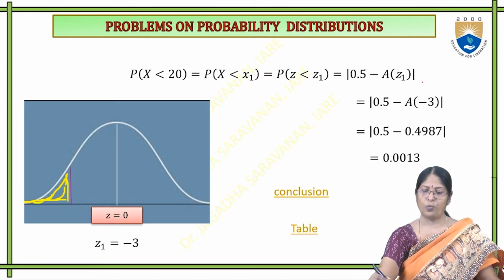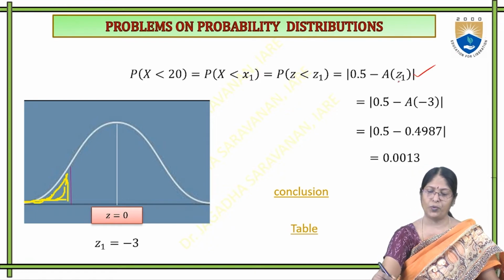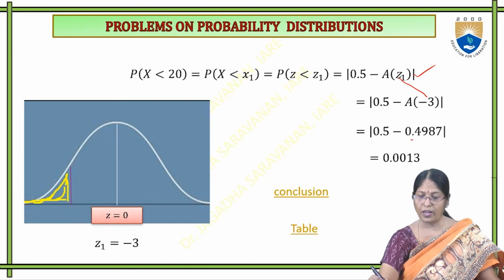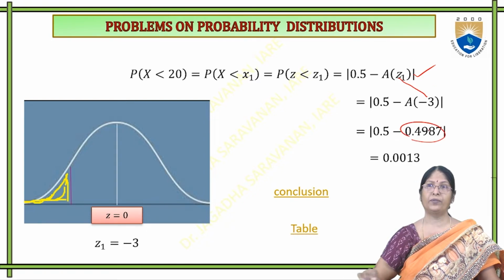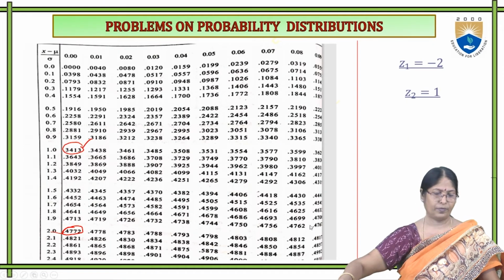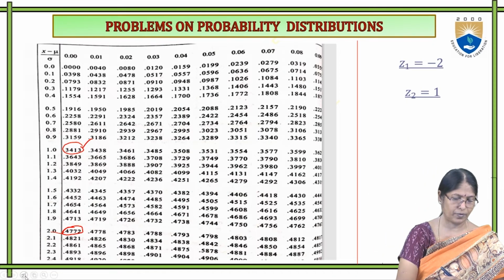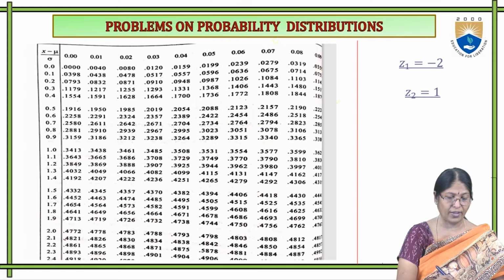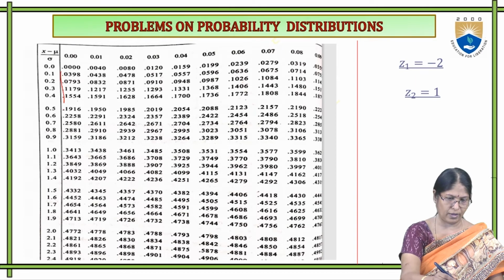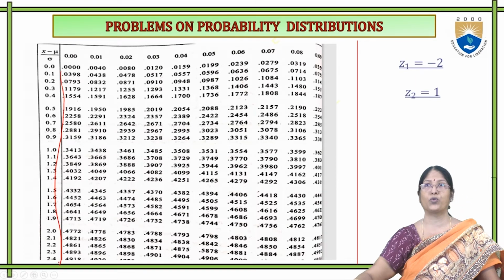We did the formula and for z1 we obtained minus 3. And how did we obtain this value? We can see it here, the 3 is there. Seeing this column here, the value for 3 should be obtained.